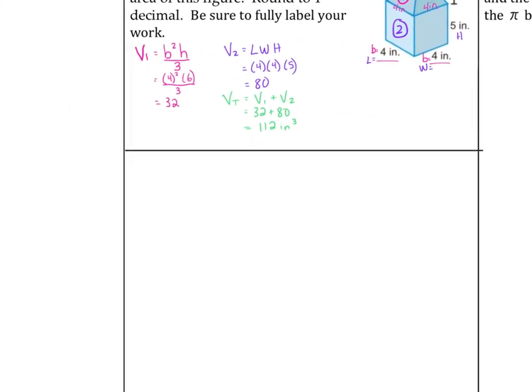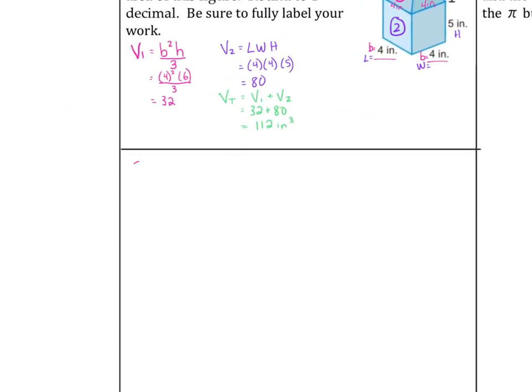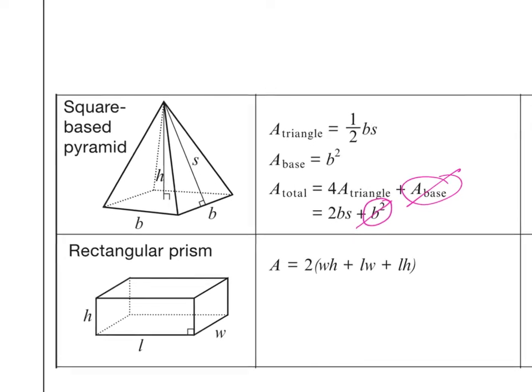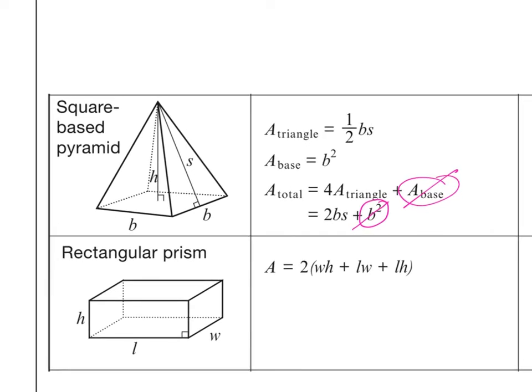So to find the surface area of the first shape, it's just going to be 2 times b times s. Now, the other thing is, b is the length of the base, and s is the slant height. So that's the height of one of the triangles.